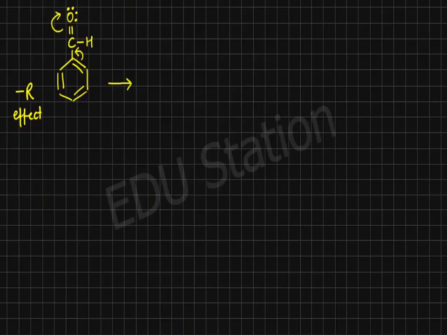What will be the next structure? Double bond C O, 3 lone pairs instead of 2, and a negative sign.